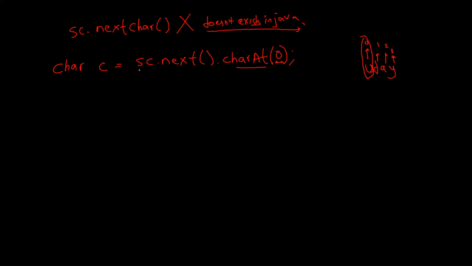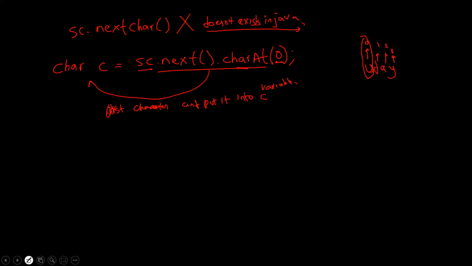So when I do sc dot next dot charAt 0, it will get me the string, take the first character, and put it into variable c. So this is what I'm explaining till now.